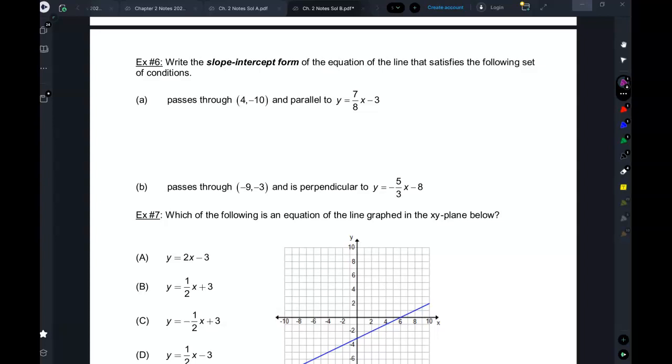Okay, so take a look at this one. You have a line that passes through 4 and negative 10. So that's my x1, y1. That's a point. And it is parallel to this line. Can we look at this line to see what the slope is? What's the slope? 7 over 8. So if I want my line to be parallel to this, it has to have the same slope.